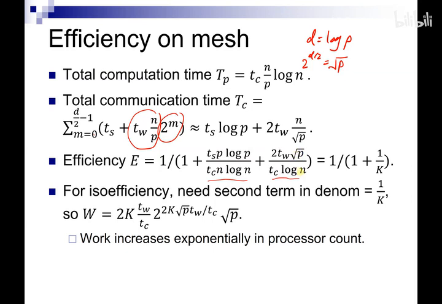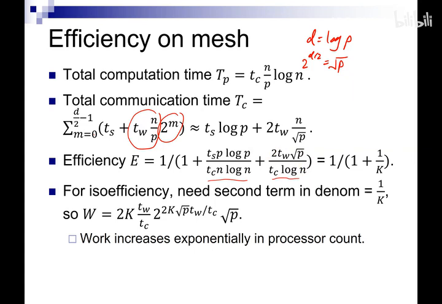If you make p 4 times larger, then this thing is going to double. But then if you want to make this thing double, you're going to have to square n. So basically this n term is going to have to increase a lot faster than this p term in order to keep this expression constant.